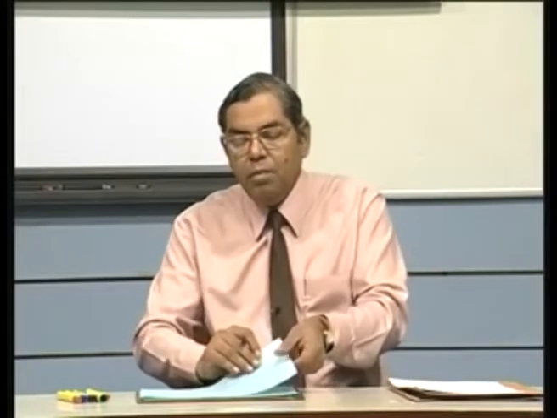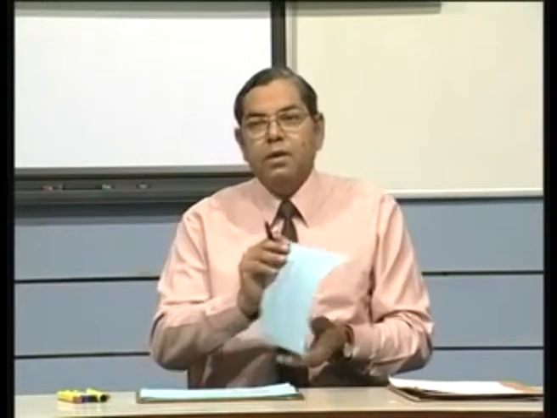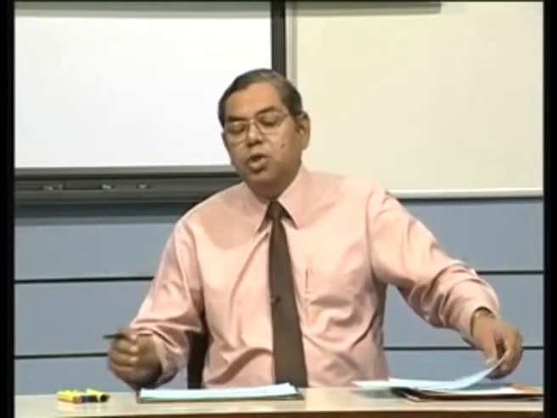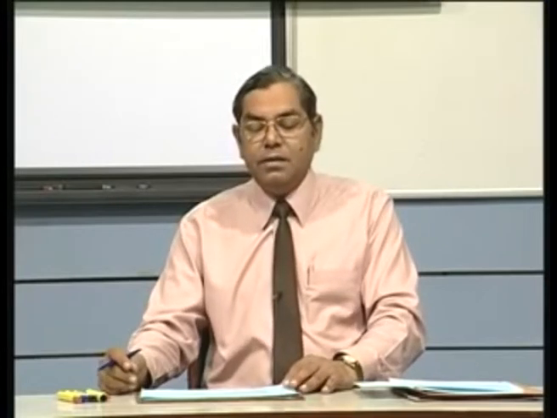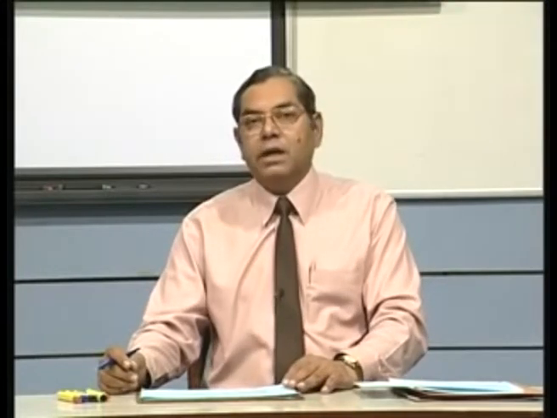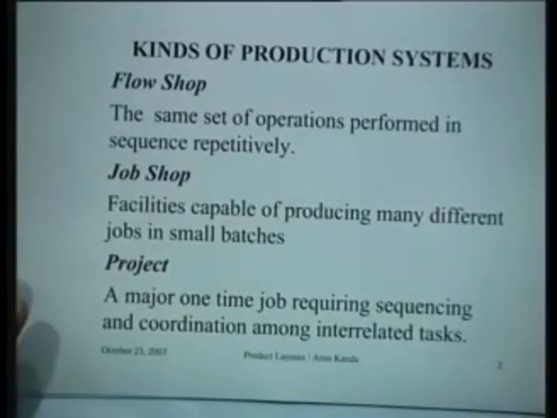If you recall, we had talked about the PQ chart, and in that we had identified the range in which product layouts and process layouts are used. Let us briefly recall the features of these different kinds of production systems and see which kind of layout is relevant under what circumstances.